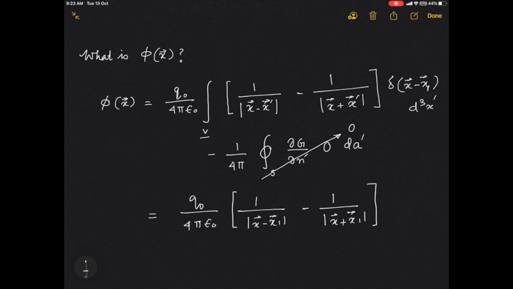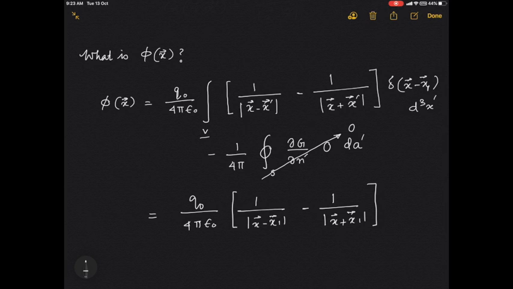There is a catch here. I had a volume integral over a certain volume V. It's not a volume integral which goes to infinity. But then how come I do this delta function integral?